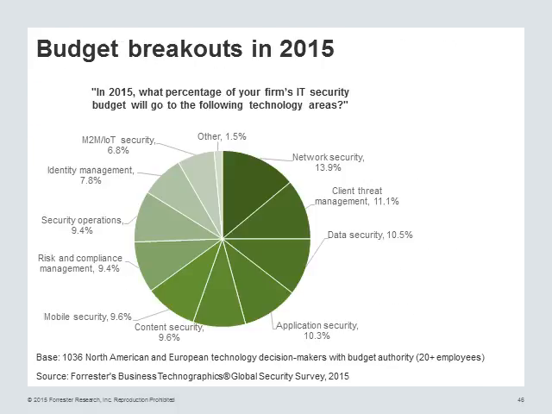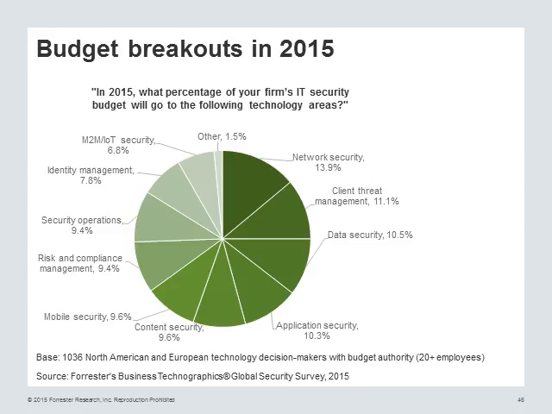And since we don't operate in vacuums, I thought I'd share budget-wise what we're seeing firms do today in terms of allocating their budgets. This is data from Forrester's most recent, the 2015 Global Security Survey. And the results here are the budget breakouts for North America and Europe for different categories of security spending.